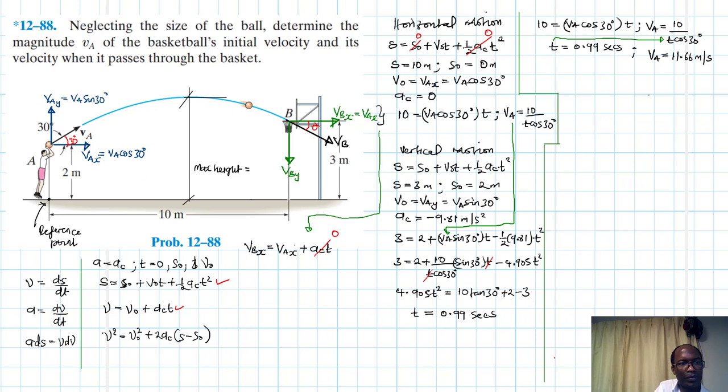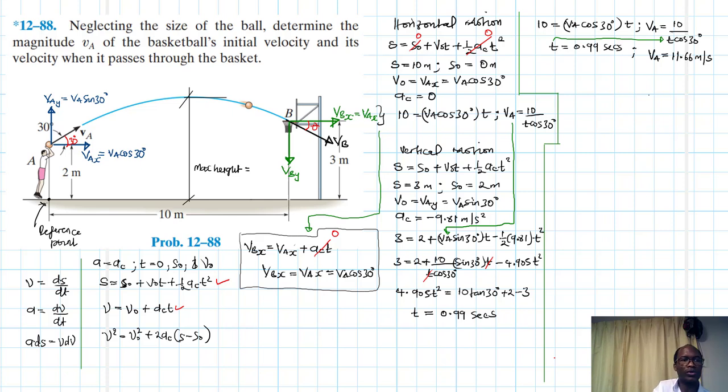Therefore VBX is equal to VAX, which is equal to VA cos 30. Let me just put it in a small box like so.